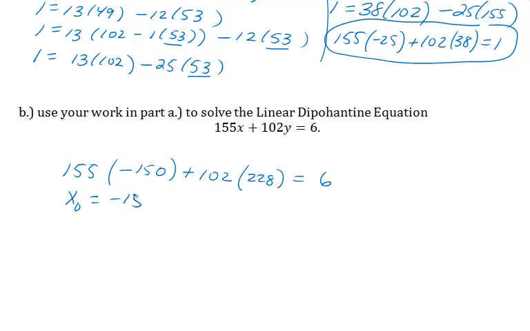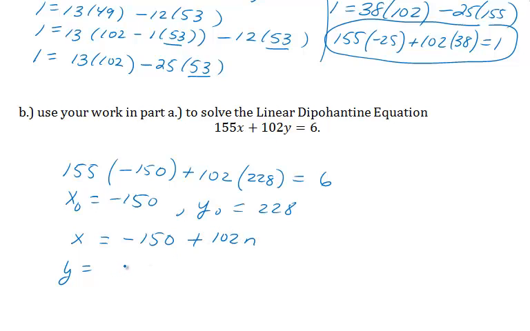x naught equals negative 150, y naught equals 228. That's one solution to the equation. And then the rest of them we can find by using the formulas again. x equals x naught, negative 150, plus b over d, so that's 102 over the greatest common divisor of 1, so just 102n.